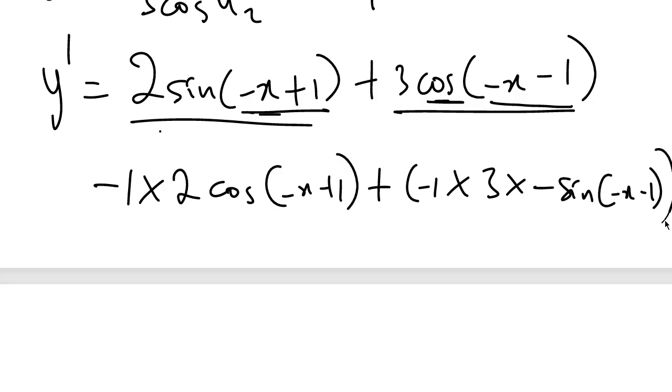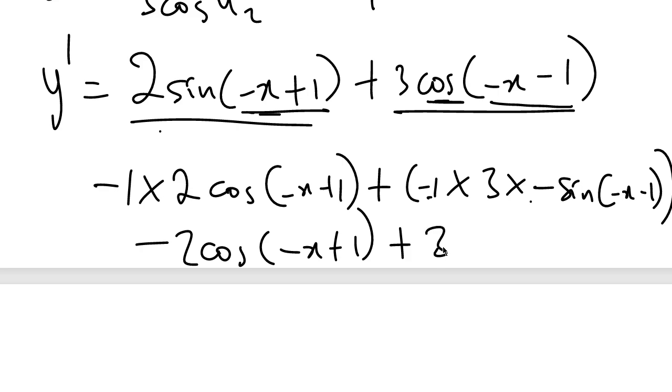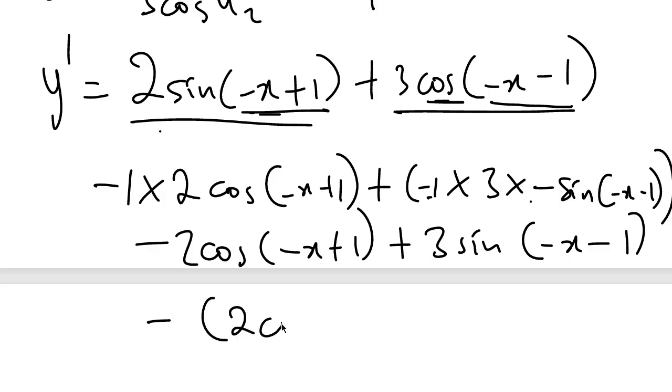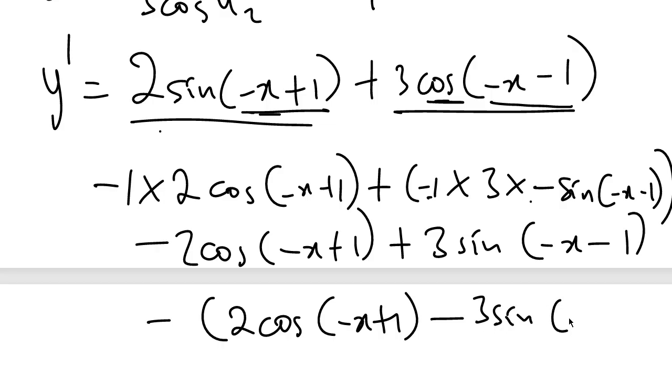Multiplied by negative sin u, which is -x - 1. So that will be -2 cos(-x + 1), and then minus minus is plus, and that's plus 3 sin(-x - 1). And we can factor this out as negative, (2 cos(-x + 1) - 3 sin(-x - 1)). That's what I factored out, right? Because if we divide plus 3 sin(-x - 1) by negative, you have negative.